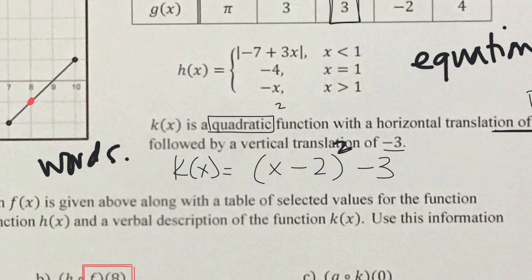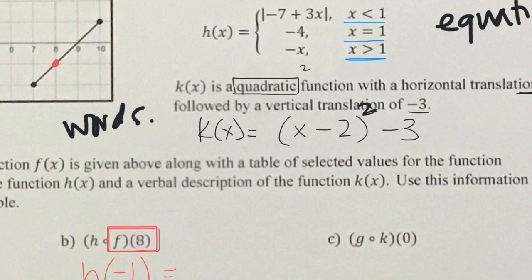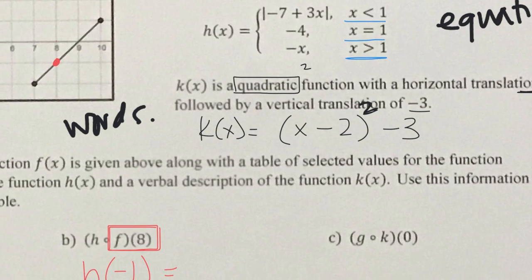Oh, h is a piecewise equation with 3 categories. So we have everything less than -1, we have if x equals -1, and then we have values greater than 1. So where does -1 fall? Is it the top, the middle, or the bottom? We're going to use the top equation to evaluate -1 because -1 is less than +1.